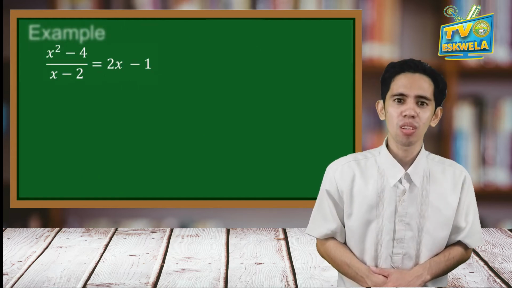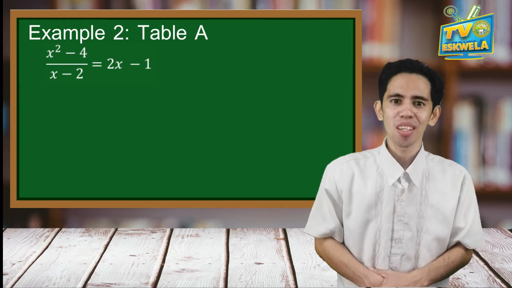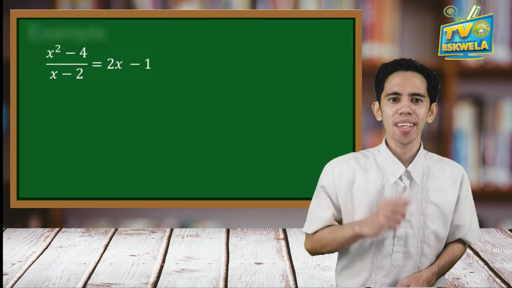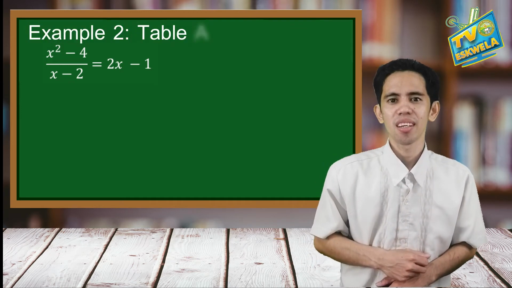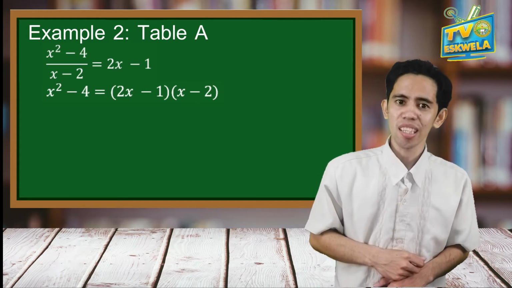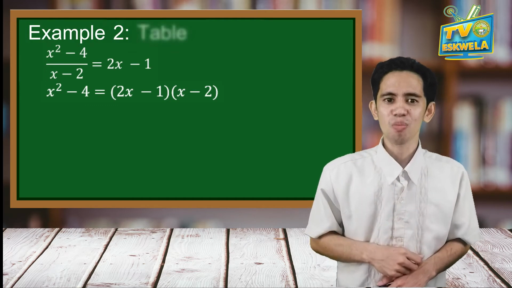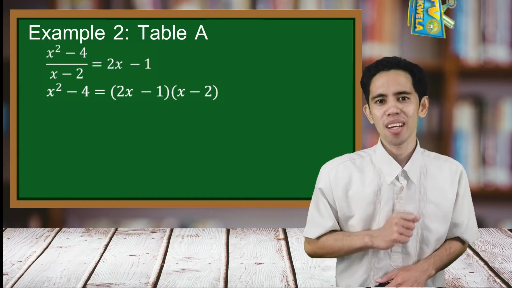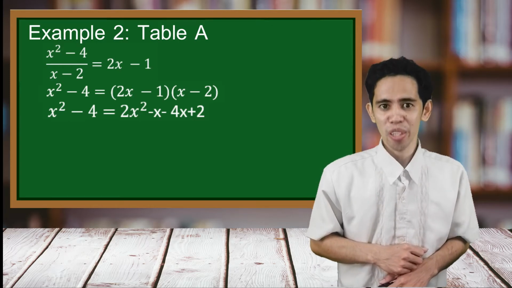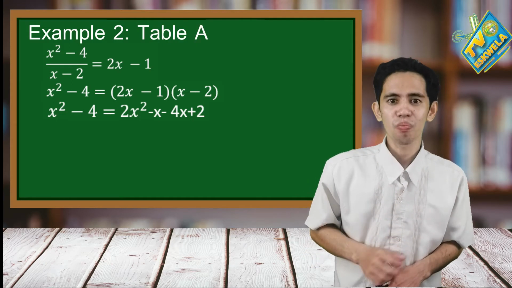For number 3, we have x squared over x minus 2 is equal to 2x minus 1. Cross multiply and simplify. So we have x squared minus 4 is equal to quantity 2x minus 1 times quantity x minus 2. Multiply, then x squared minus 4 is equal to 2x squared minus x minus 4x plus 2.